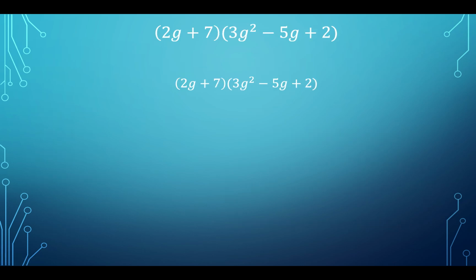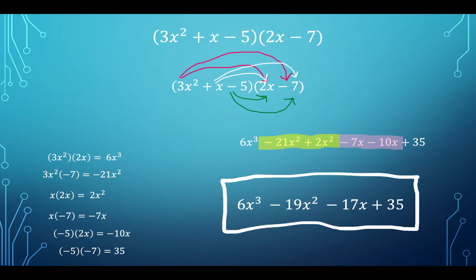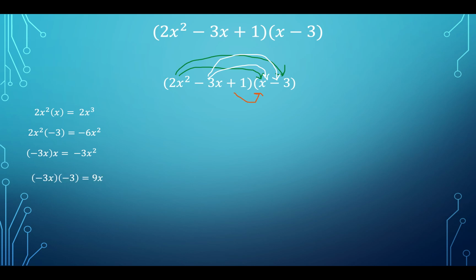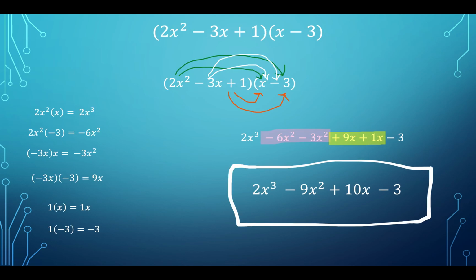Let's try this one. In the other two examples I gave you, you could see that we have the trinomial in front and we're multiplying the trinomial by the binomial. So the group of 3 numbers comes first, and then the group of 2 numbers. We did that for this example and for this example over here.